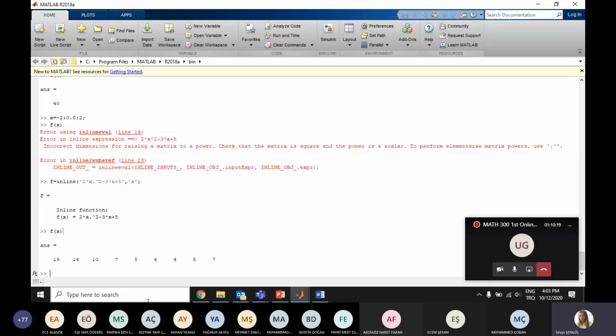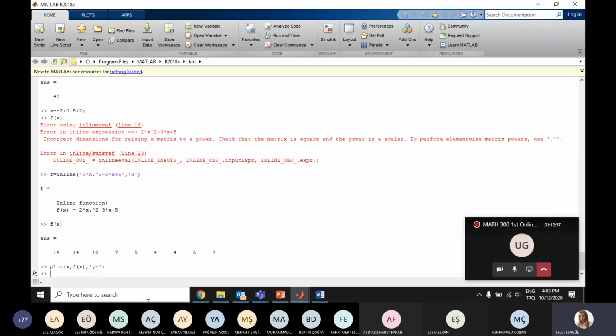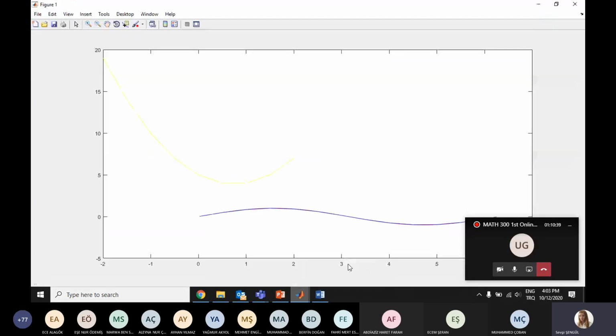And now you can even plot that one. Plot x versus f of x. Make it yellow. You can hardly see it, but let me make it yellow. Doesn't matter. Just for you to see that.